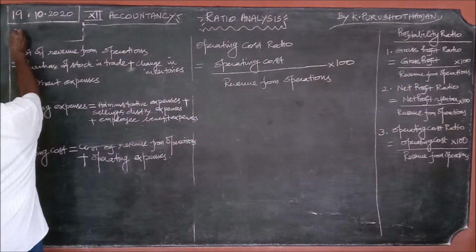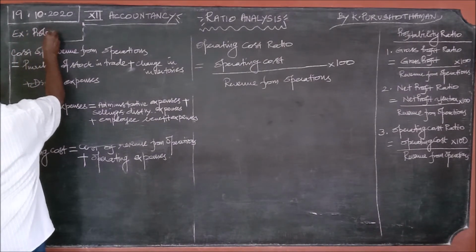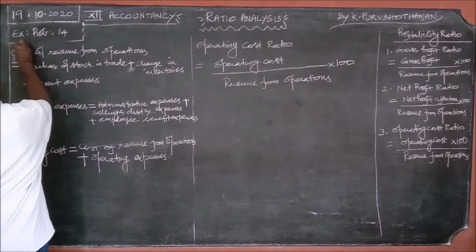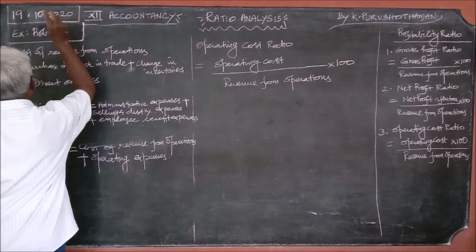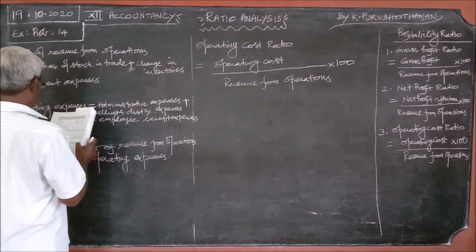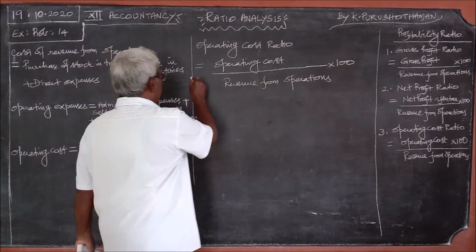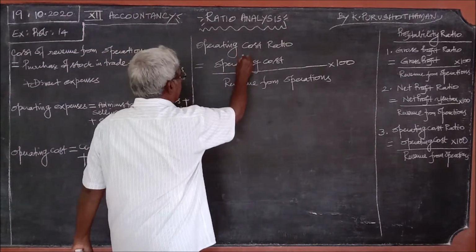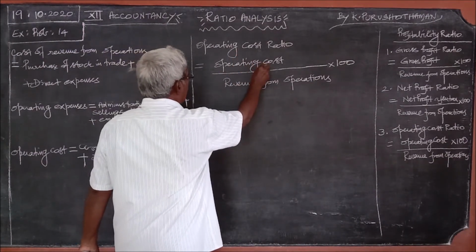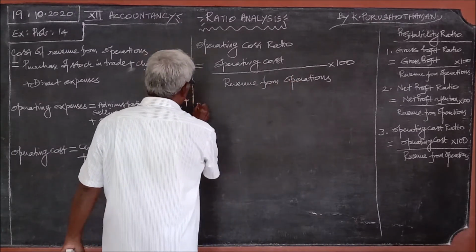Now we shall go to the exercise problem number 14. In this also, calculate the operating cost ratio. I told you just now, operating cost ratio is equal to operating cost by revenue from operations.